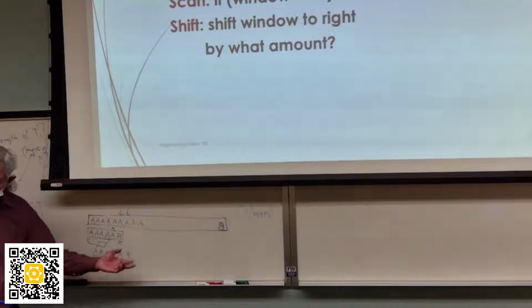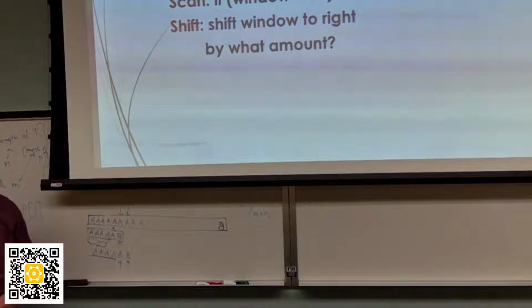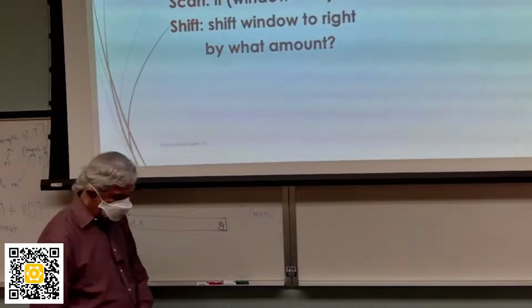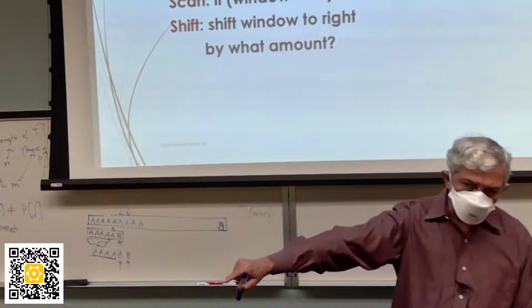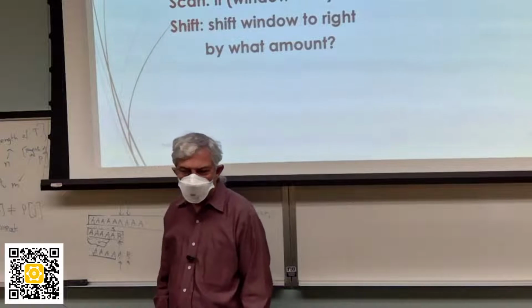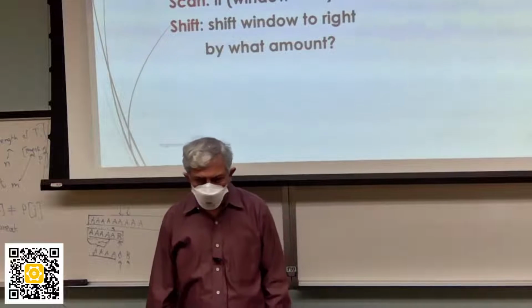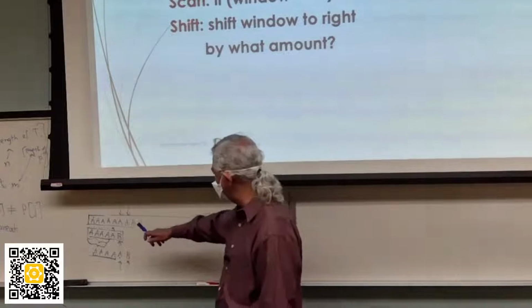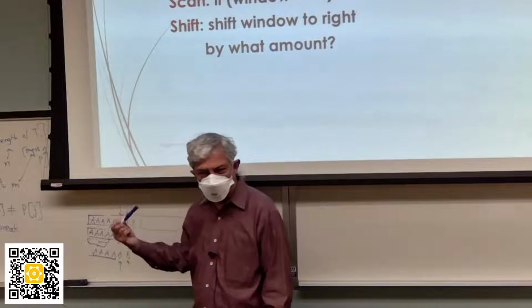So every time I move it, I will only match the last two characters, and I'll be able to move forward. Earlier I had to match the whole pattern right from the start, and only at the end of that pattern would I find a mismatch. Now I only have to deal with the last 1 or 2 characters. And you can see that the text pointer never moved back, always going forward.